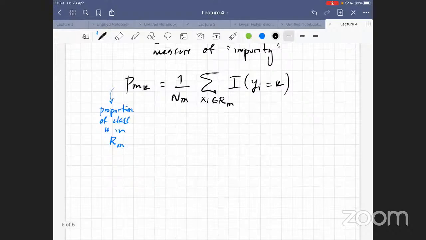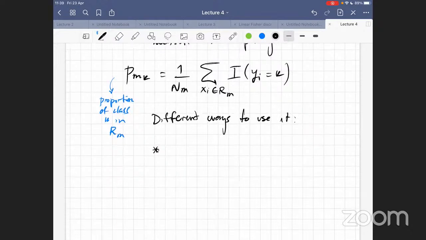So I have this impurity that I have built that I can compute in all these regions, and there are many ways in which I can use this node impurity. I will show here only 3 different ways to use it.